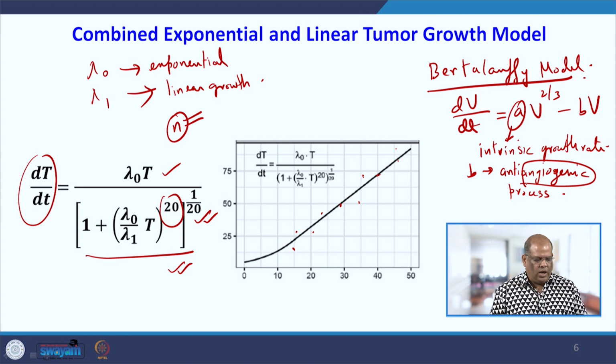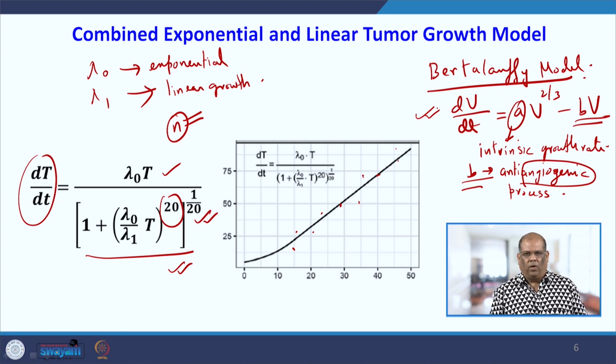The anti-angiogenic process means that there will be some drugs which will stop the growth of these blood vessels. So, this particular b takes care of that. It does not allow the tumor to grow by its anti-angiogenic property. So, this is one kind of tumor growth model, the Bertalanffy model.